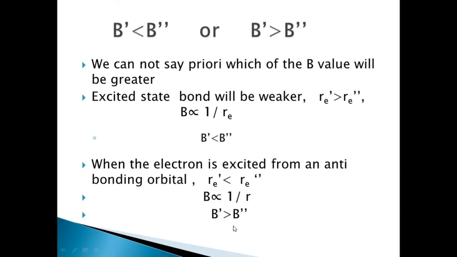That means the rotational constant of the excited state is greater than the ground state. These are the two situations. In the normal case, B prime is less than B double prime, but in some cases B prime is greater than B double prime.